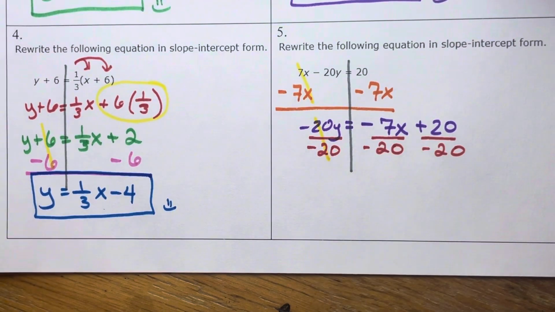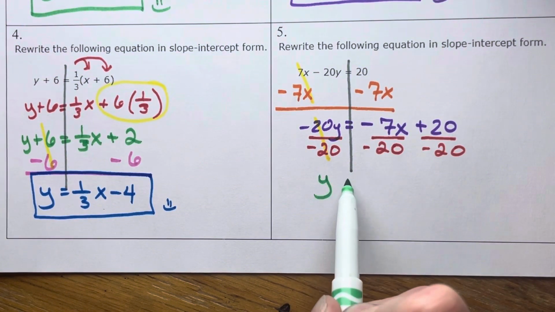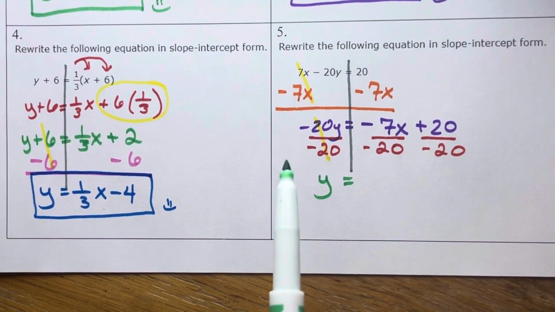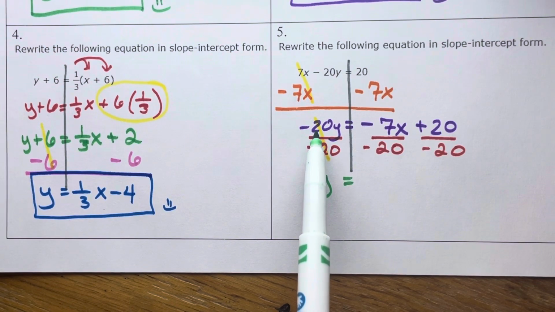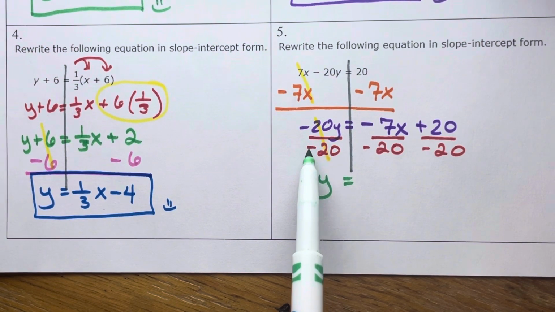We do this so that the negative 20s on the left side of the river will cancel out, leaving y all alone and positive. Yes, since that 20 was negative, I divide by a negative 20. The only action that we are canceling out, that we are undoing, is the multiplying, not the sign itself.